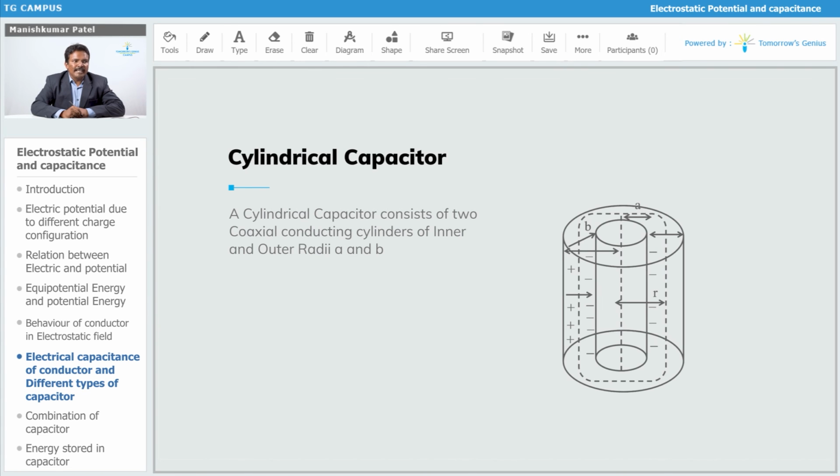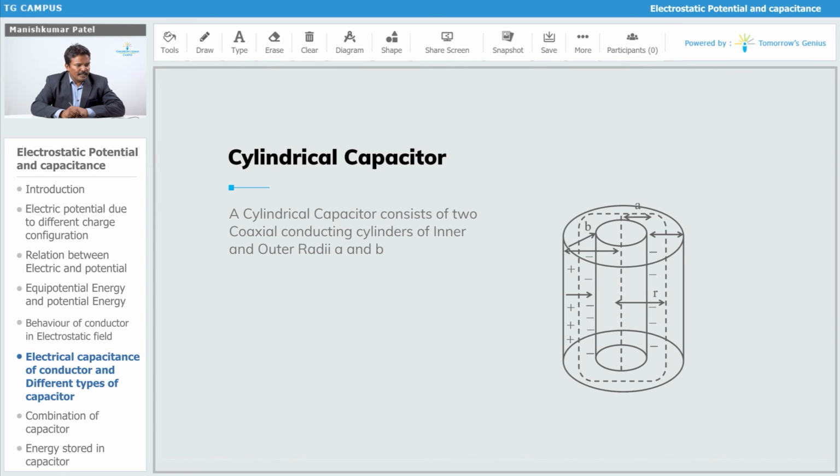Now if I consider the cylindrical capacitor, there are two cylinders. I have considered the cross sectional area; the inner one has radius A, the outer one has radius B. You have to follow the same procedure.